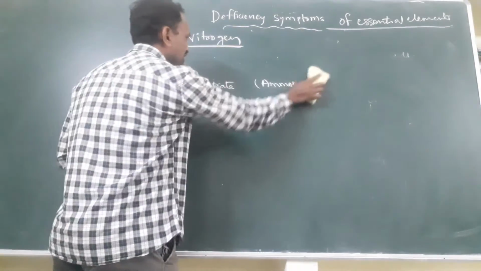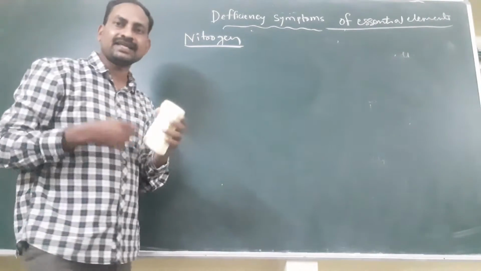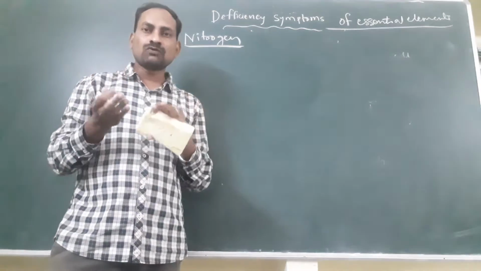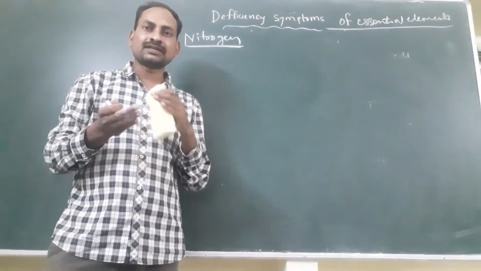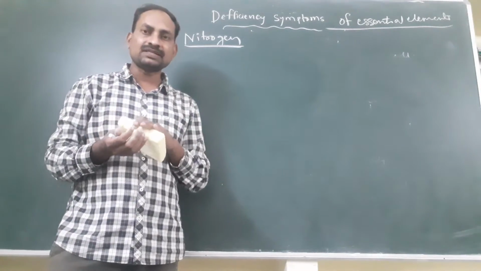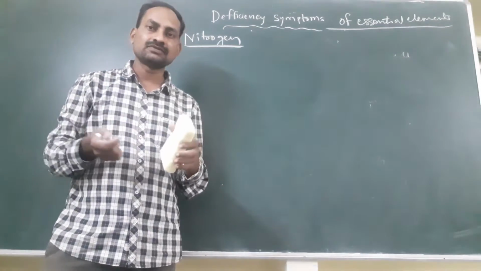Nitrogen is a mobile element. Mobile element means that when the older parts of the plant undergo senescence and are going to die, they give their inorganic elements to the younger parts before dying.